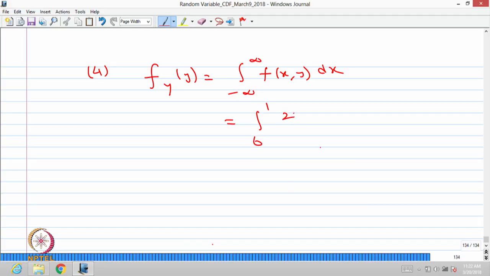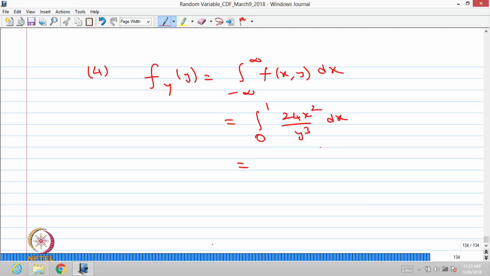So integrating from 0 to 1, the joint probability density function 24x square divided by y cube with respect to x, if you do the little simplification, you will get 8 divided by y cube. And if you recall, the range of y is 2 to infinity. Therefore, for y greater than 2, the probability density function of y is 8 divided by y cube, 0 otherwise.